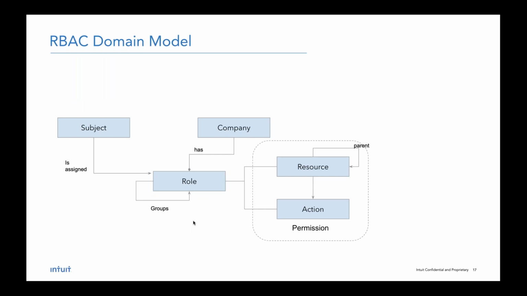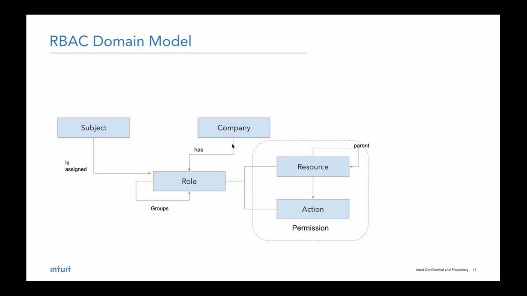Now, we have defined resource and action, and we have said that in your code, map resources and actions, and then just leave it there. Do not make any other decision in your code. What we are now saying is that outside of it, there would be a place where roles can be defined in terms of resources and actions. And we are saying that a subject is assigned a role.